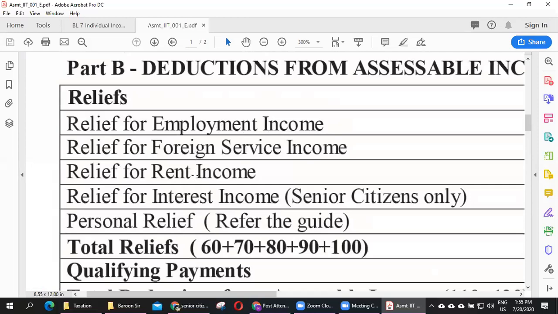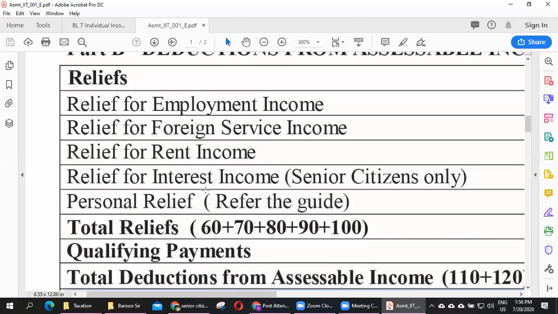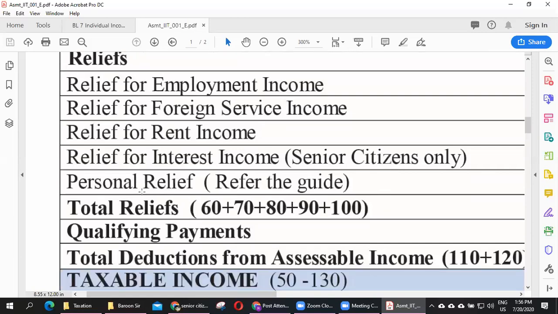And relief for foreign service income, maximum limit, how much? 15 million. Very good. And relief for rent income, 25% of the rent income for the year. Relief for interest income for senior citizens, how much? 1.5 million. And personal relief, how much? 500,000. Very good. So those items we have discussed clearly.